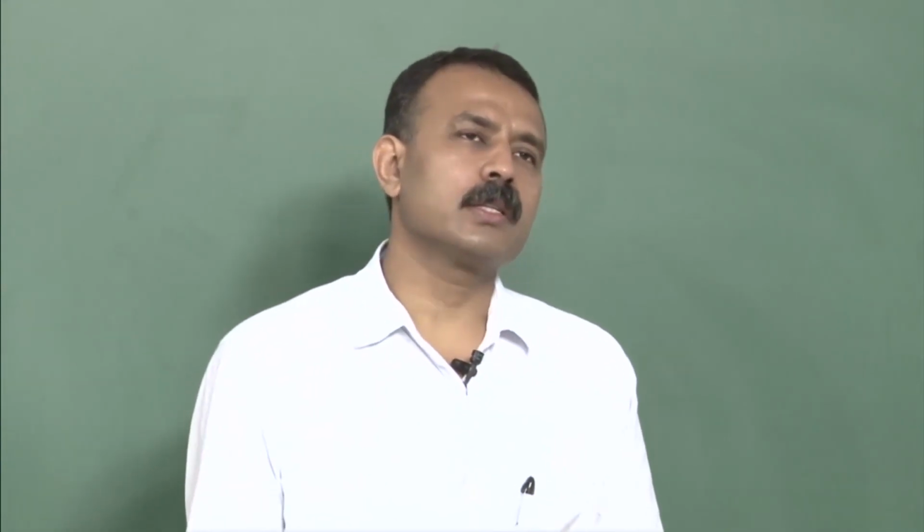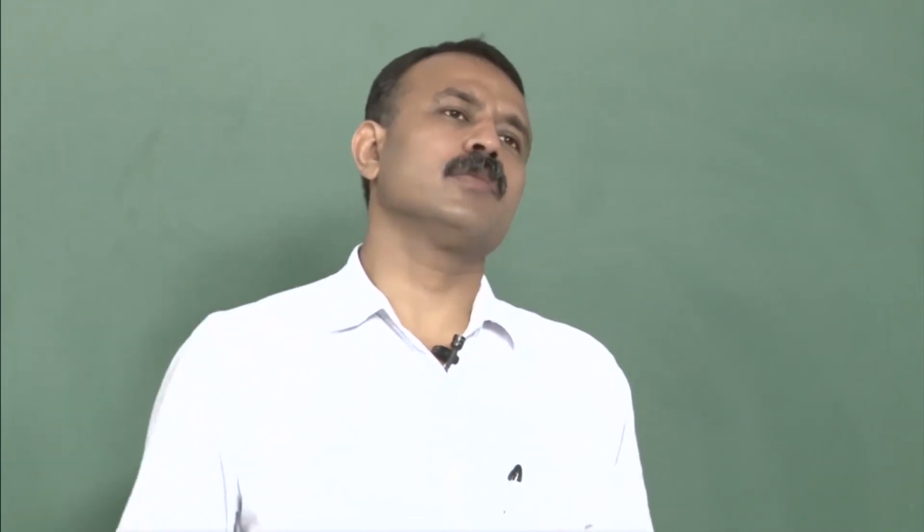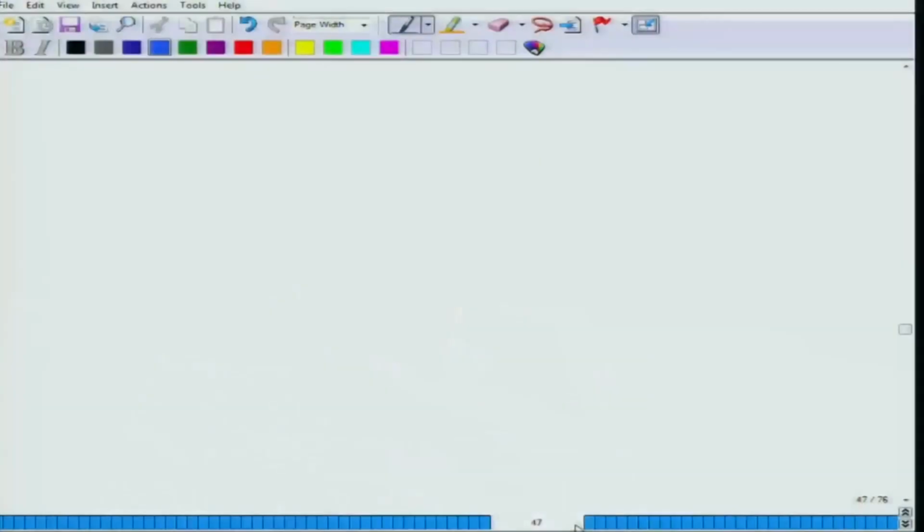Then what do the alpha cells do? So, those are the cells which are involved in the secretion of glucagon. So, let us enumerate the function of glucagon in the slide now. Okay.